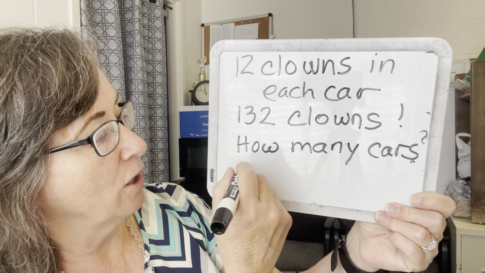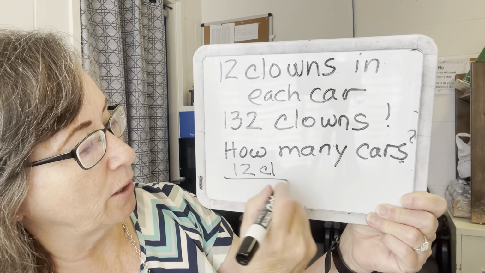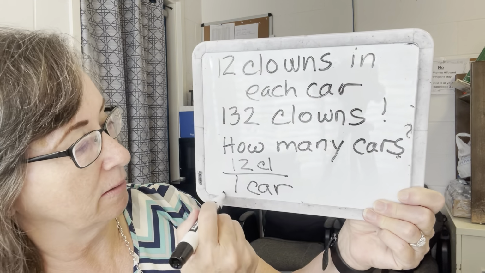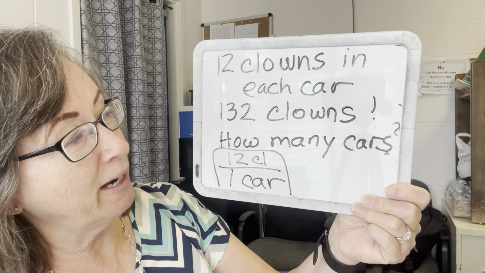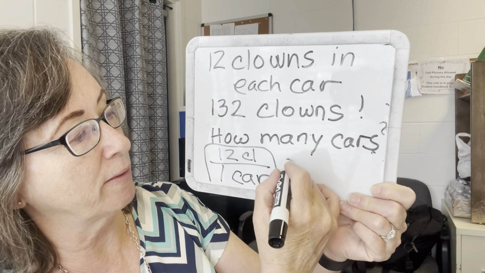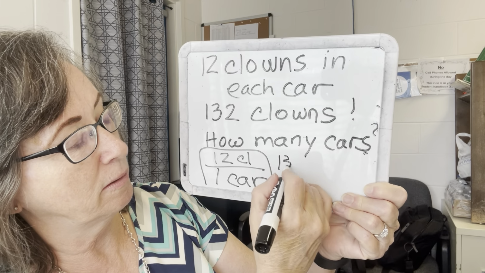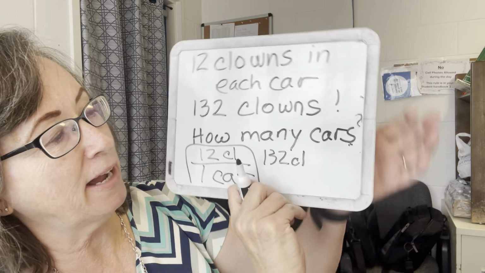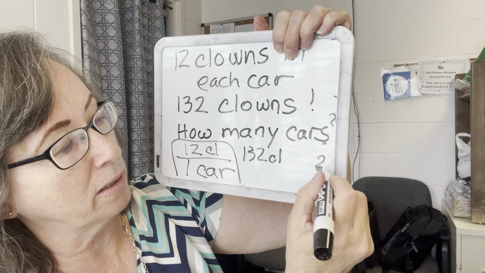We could say 12 clowns per one car is that our ratio, isn't it? We're going from clowns to cars. So we would start with 132 clowns. And we're trying to find out how many cars, question mark, cars.